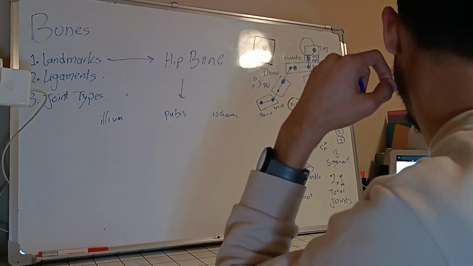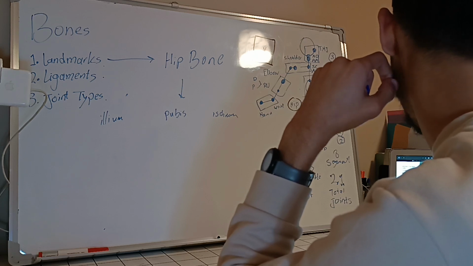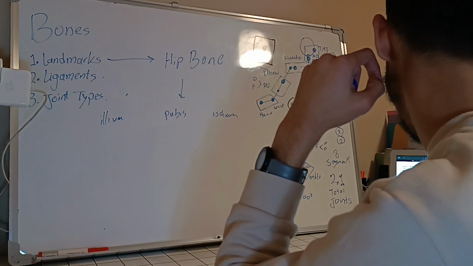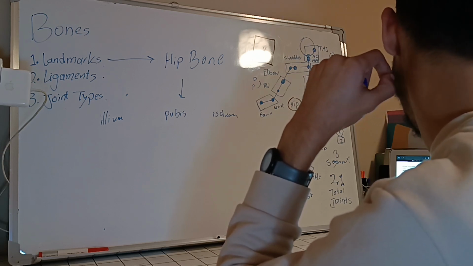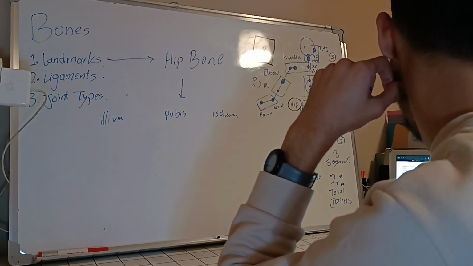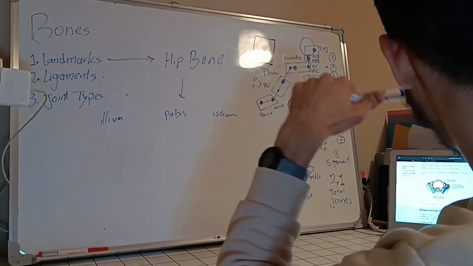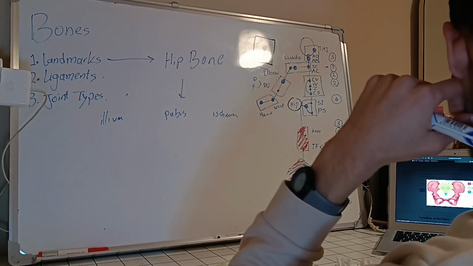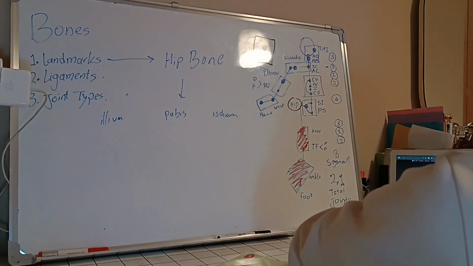Sacral promontory. So the pelvic brim is having the sacral promontory, anterior the pubic symphysis, and the iliopectineal line.